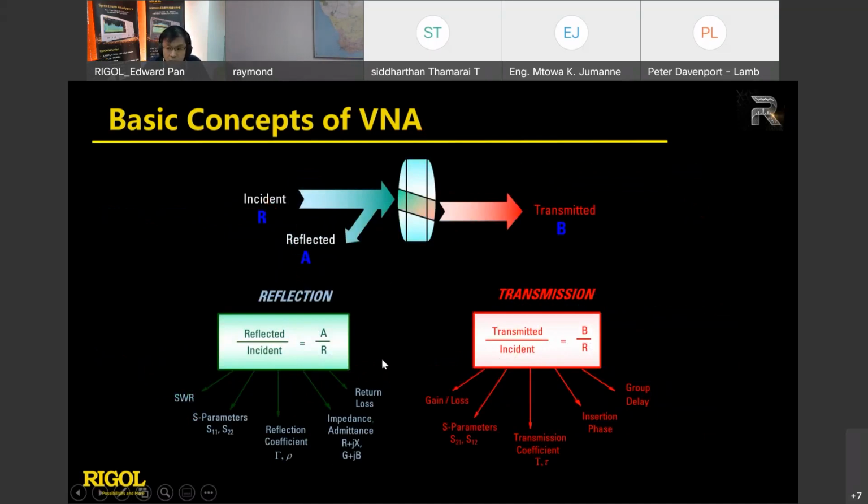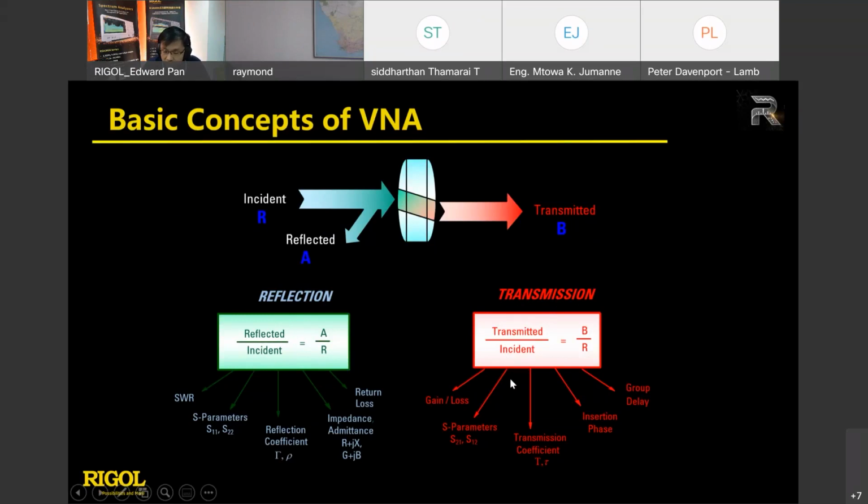Here you can see that if you divide the reflected wave by the incident wave, you get the reflection coefficient. If the transmitted wave is divided by the incident wave, you get the transmission coefficient.